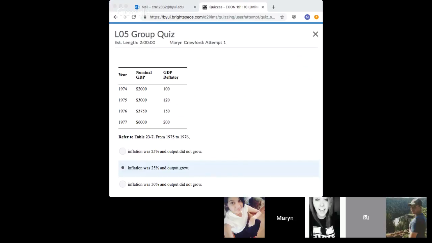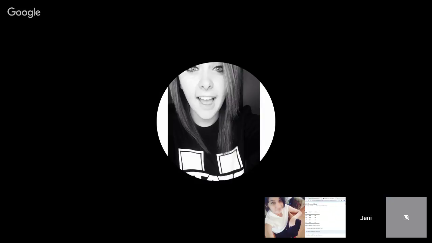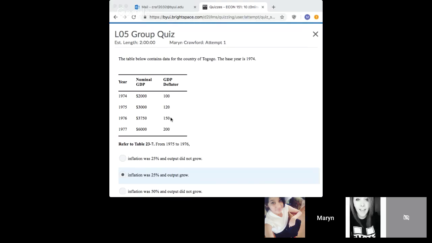Okay, so with the inflation one, nominal GDP is the one that changes with price, right? Yes. So that would be reflected in the deflator going up. But it went up by 20%, but the price went up by more than 20%. Well, it went up by 1,000, which is like half. How do you technically figure out the percent?